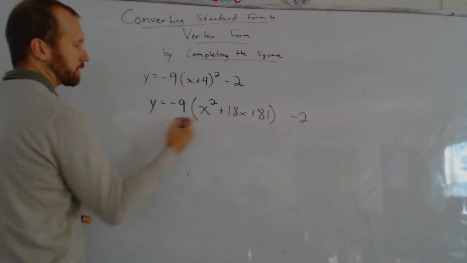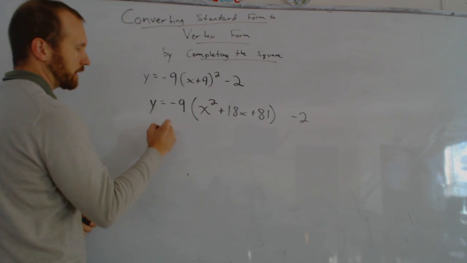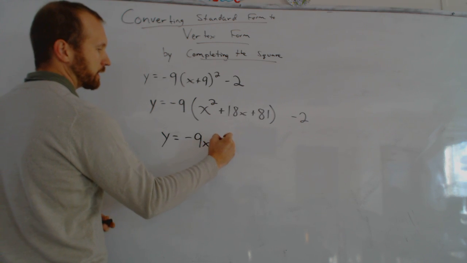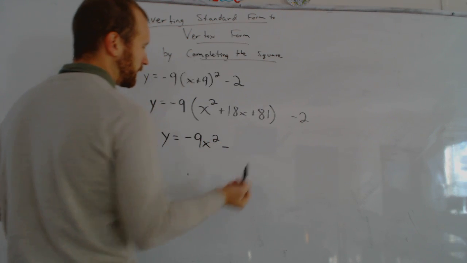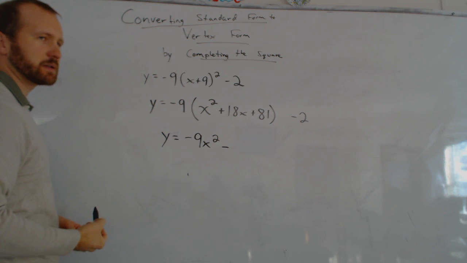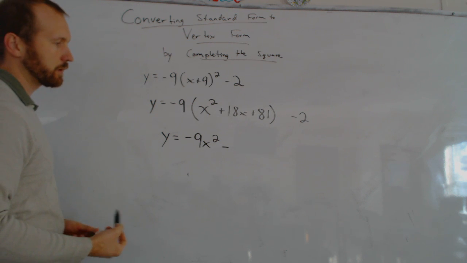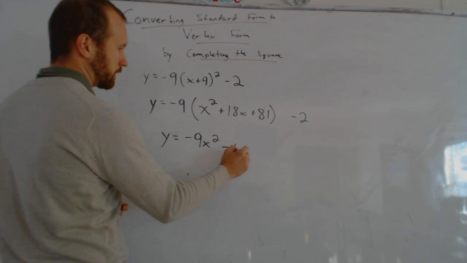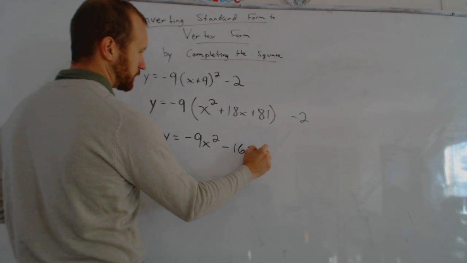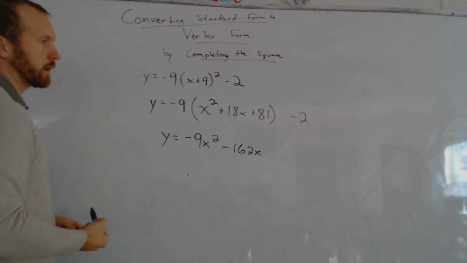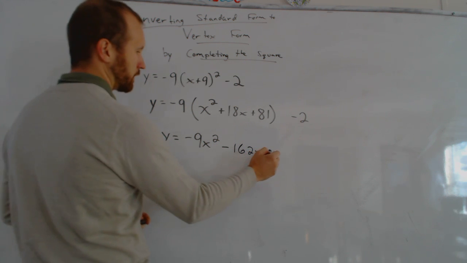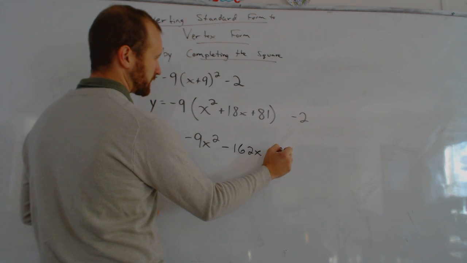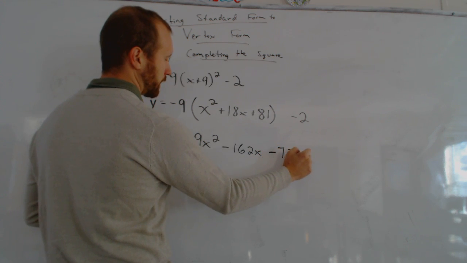Then I would expand by multiplying through the negative 9. So using the distributive property, negative 9x squared. What was 9 times 18 again? It was 162. So 162x. And 9 times 81, it was like 729, right?